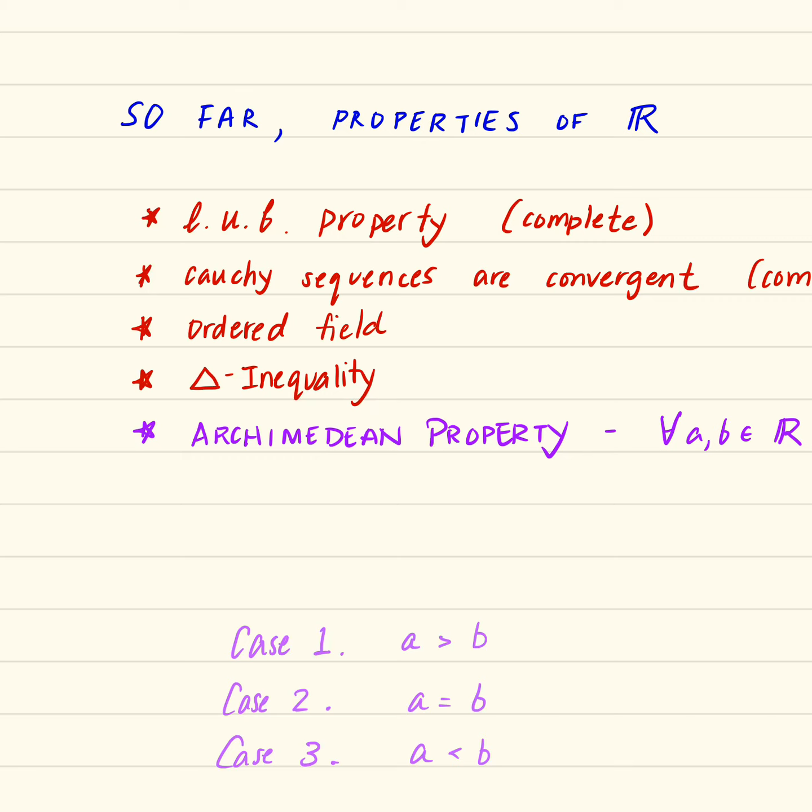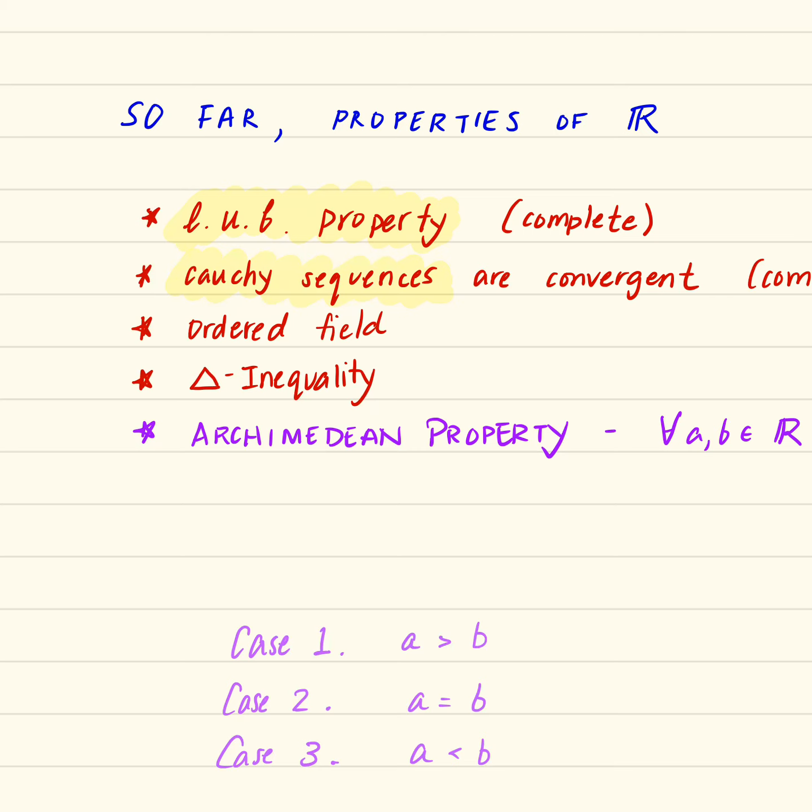Okay, so I would like to continue with lecture. And in order to do so, I just want to quickly recap the properties of R, the set of real numbers that we've talked about so far. We've talked about how R is complete in two different senses. One is in the sense of least upper bounds, and the second is in terms of Cauchy sequences, right?